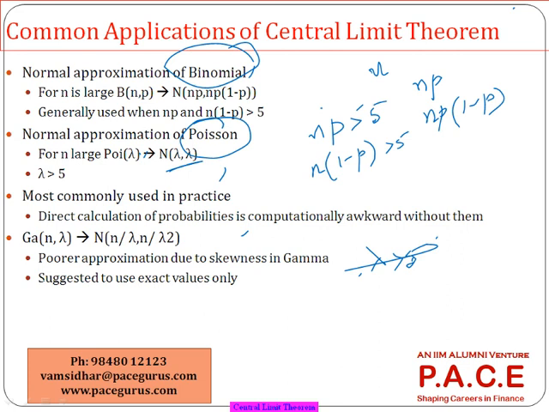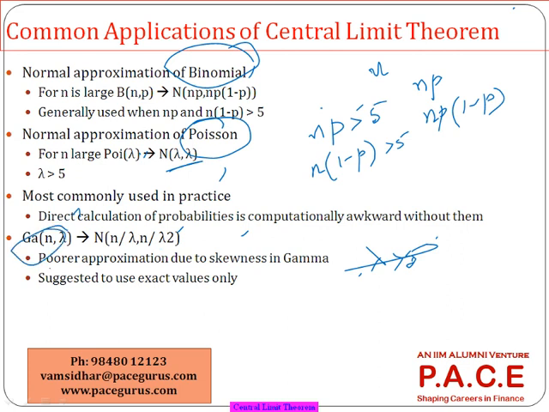In most of the questions, we'll see a couple of questions also, if this kind of criteria is met, instead of using the binomial distribution to find the probabilities, people look at using the normal approximation itself. The same logic can be applied even to other continuous distributions, like gamma distribution.